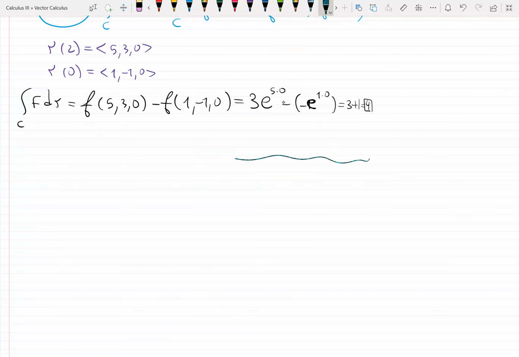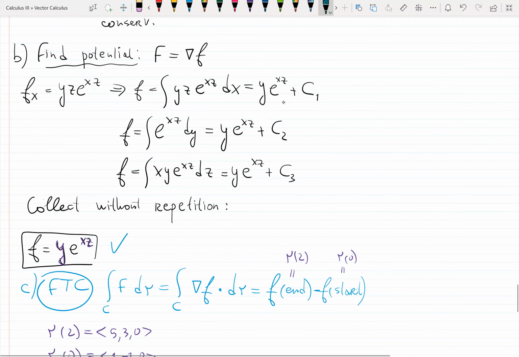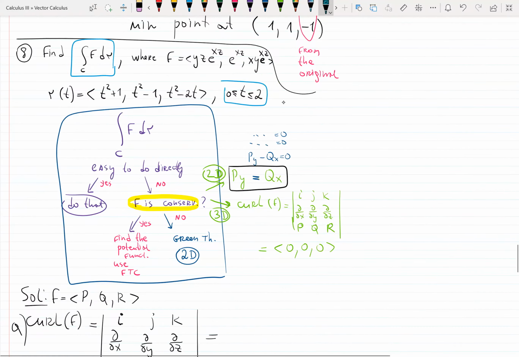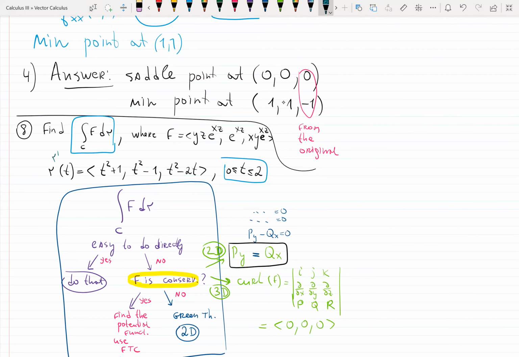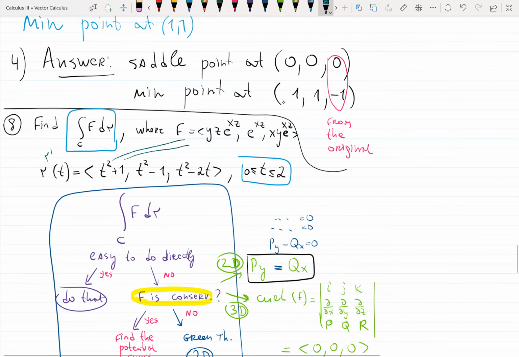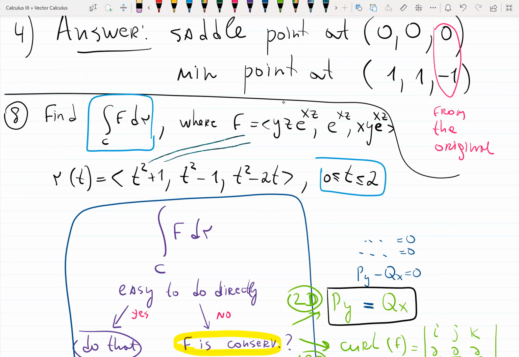So let's do that. To compare, how would you do it directly? Directly means we would find r prime, we would plug all of these into here. So r prime actually is not a complicated thing. Why wouldn't I just do it directly? Let's find r prime. That would be easy. But the next step, I need to rewrite f in terms of t.